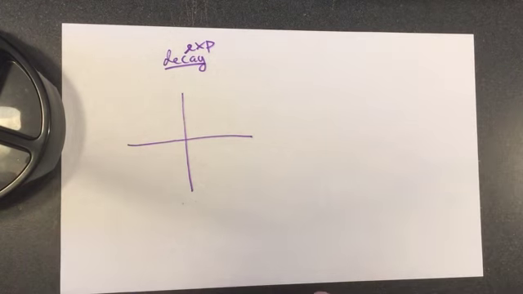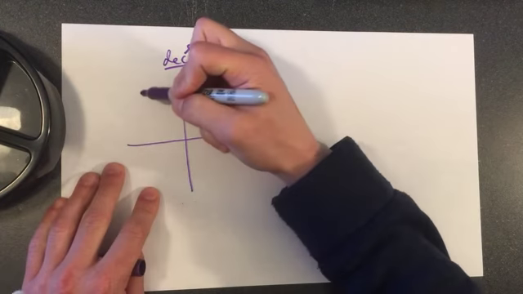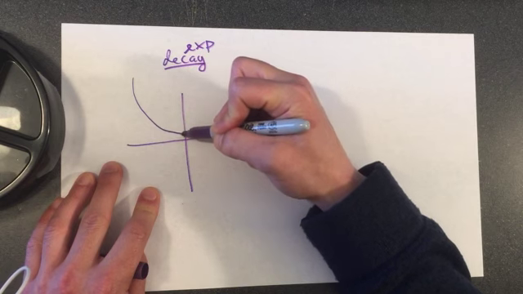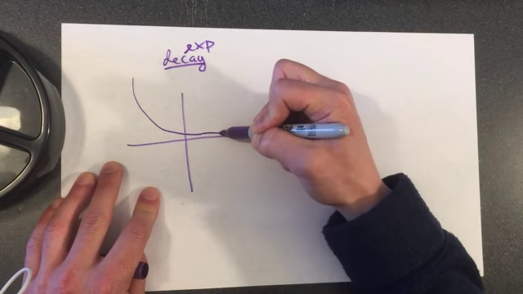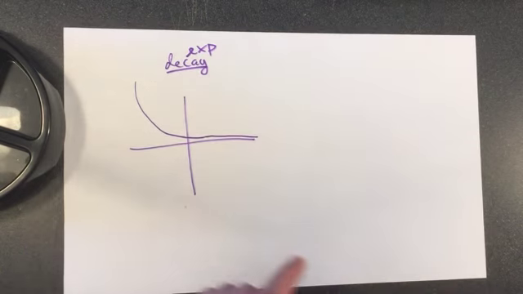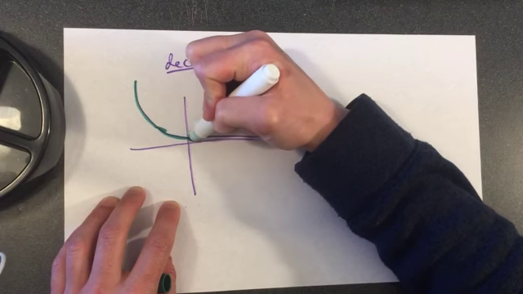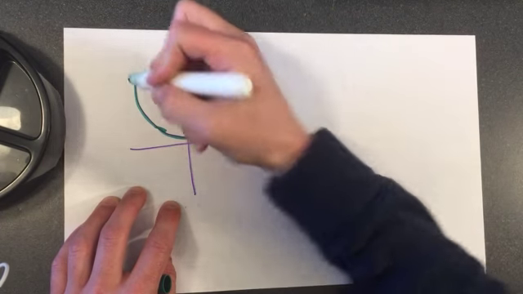Okay, and you can imagine here it's actually going to be a mirror image. So it'll look like this. Let me cover that in green so it makes a little more sense as a different one. I'm going to separate it from the coordinates. Here we go, and there it is.